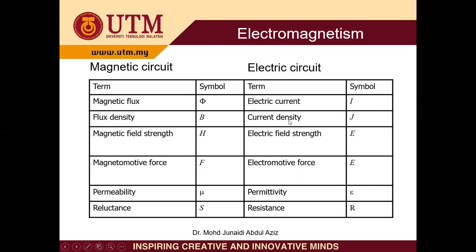The flux density is the current density J. The magnetic field strength is H, while in the electrical it is E. The magnetomotive force is F, and in electrical it is V. The permeability is mu, and in the electrical circuit we have permittivity, epsilon. Reluctance corresponds to resistance.